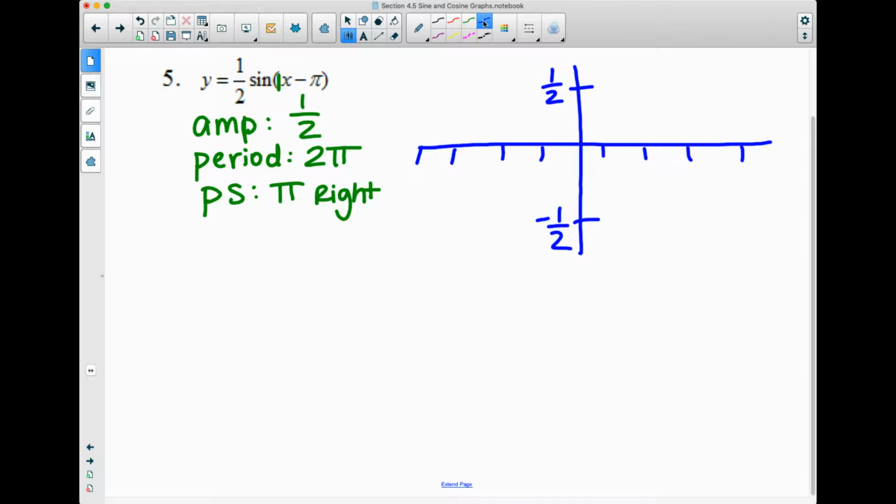Okay, so we take what's inside the parentheses, which is x minus pi, and we're going to set that equal to 0 and 2 pi. Solve for x.